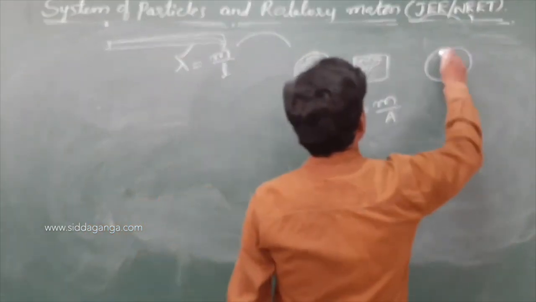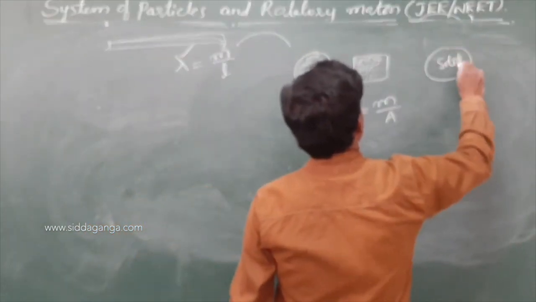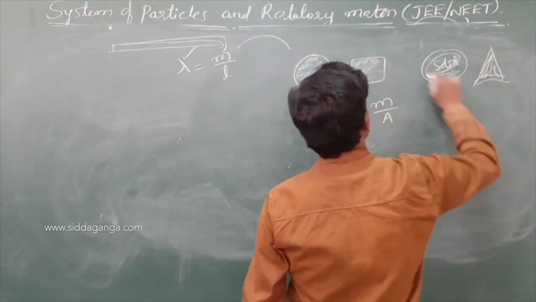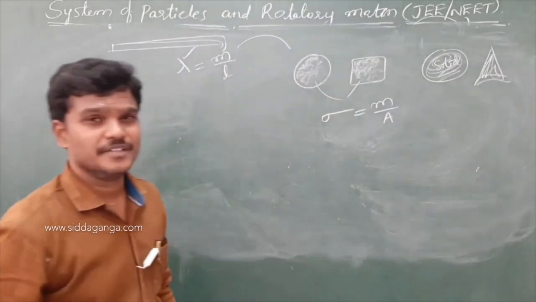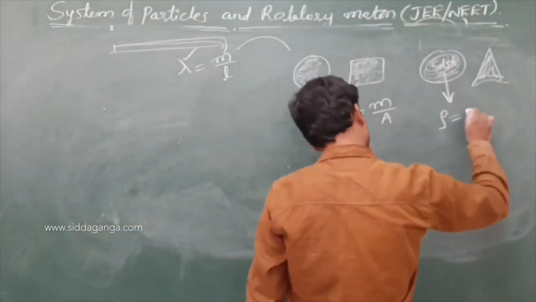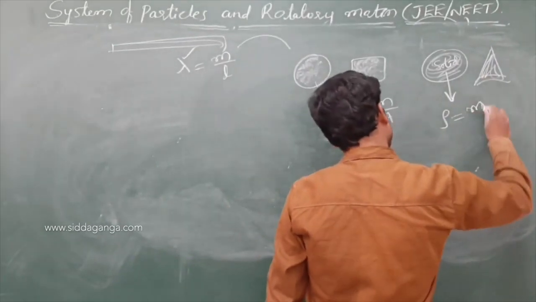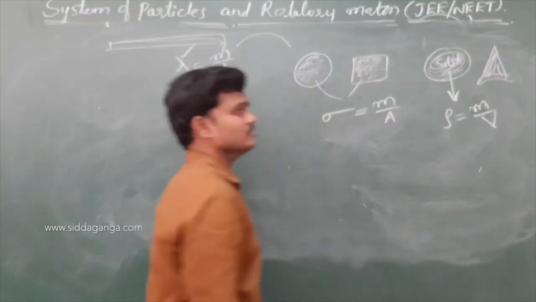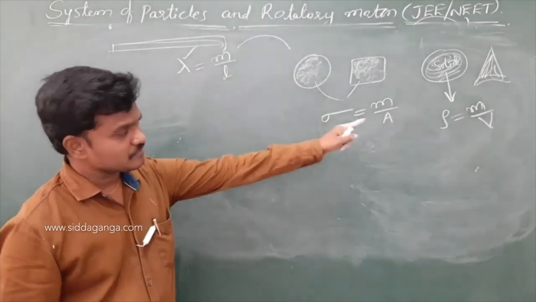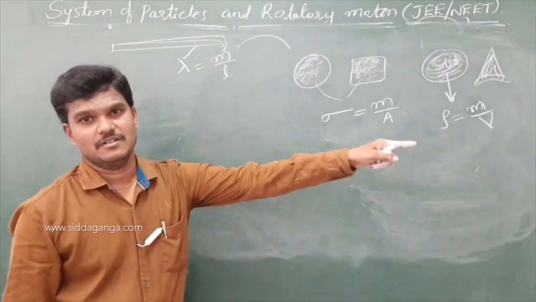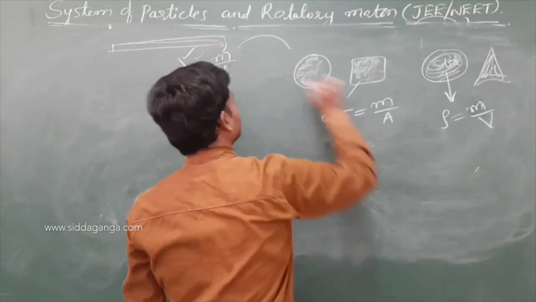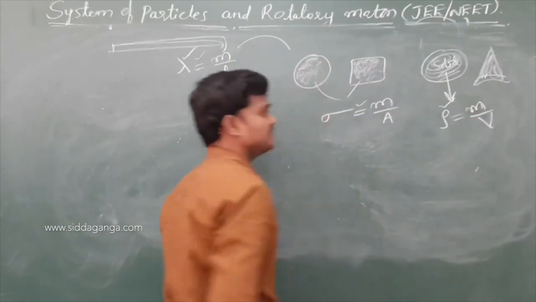And for solid sphere, solid cylinder, solid cone, for solid type objects, there will be a volume. For these use rho, that is mass by volume, the volumetric mass density. So use these three quantities for three different types of objects.